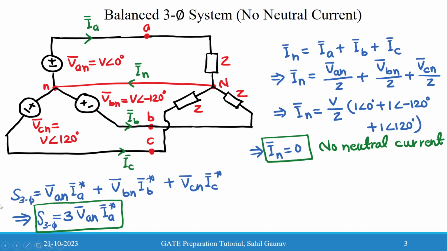Now if we see the model of a balanced three-phase system, the source has three-phase voltages of equal magnitude, all phase displaced by 120 degrees.